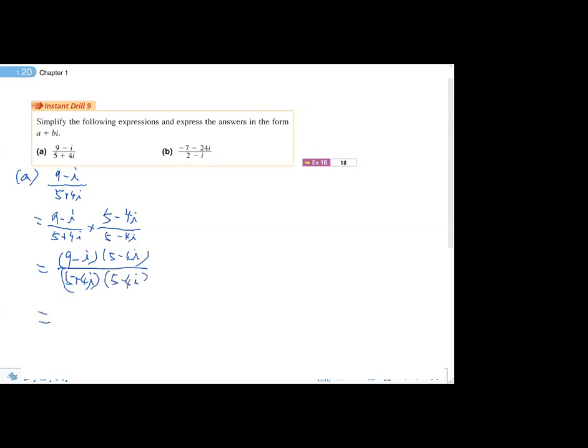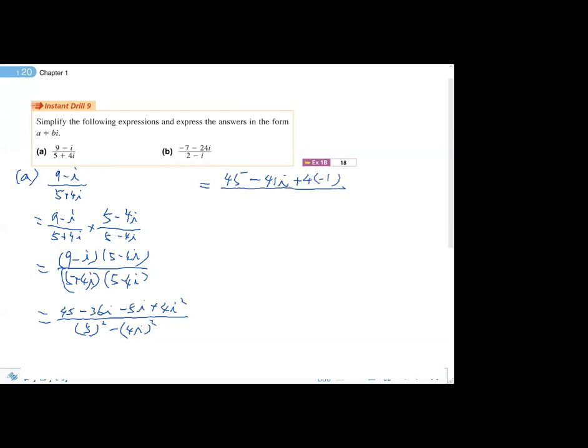Okay, and then for the top part, we need to do the multiplication expanding the bracket. Okay, it's 9 times 5 is 45, and then 9 times 4i is minus 36i, minus 5i, and then plus 4i squared. Okay, that's 4 terms, right? Two terms times two terms gives 4 terms. And then for the denominator, it is a squared minus b squared. Okay, and then for the numerator, we have 45, and then minus 36i minus 5i becomes minus 41i, and then plus 4 times negative 1.